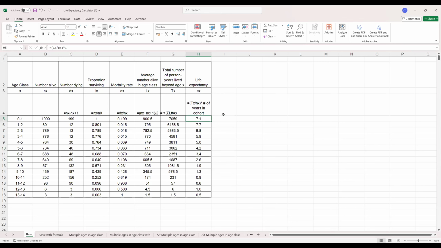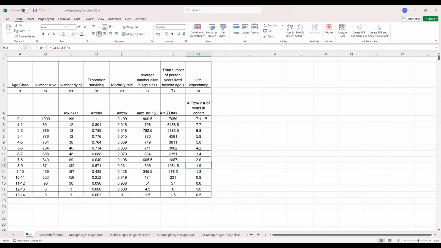So what this basically tells you is that if you are 0 to 1 years old and pinanganak ka, during the time that the static life table is created, you're expected to live only 7 years. So even though the species can live up to 14 years, because of the conditions of the environment, the organisms who live during this time can only live up to 7 years.